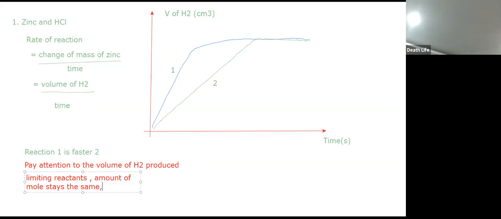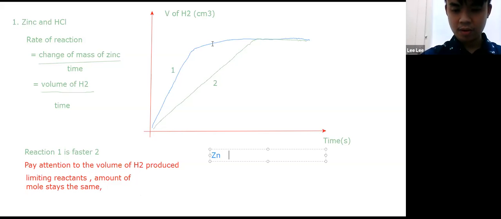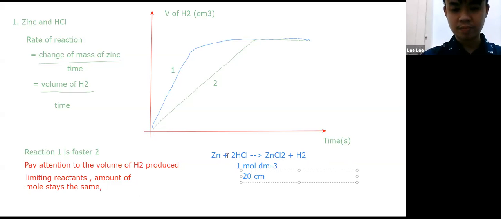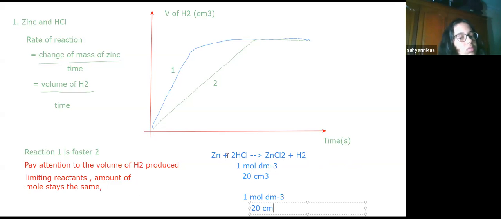So if I write the equation, when I have zinc plus HCl, it will become ZnCl2 plus H2, right? So let's say the concentration of HCl, I'm using 1 mole per dm cube. At first the volume is, let's say, 20 centimeter cube. Then the second experiment, I also use 1 mole per dm cube, and the volume is also 20 centimeter cube.